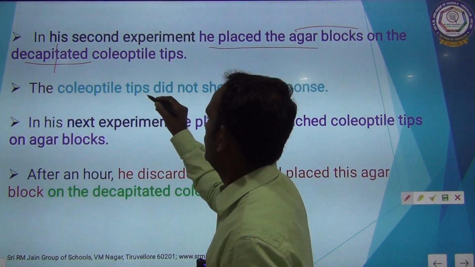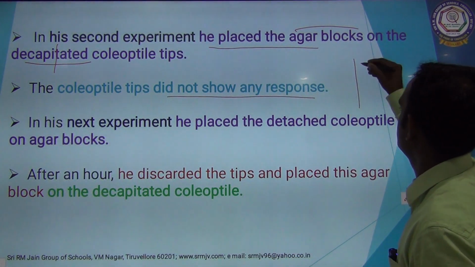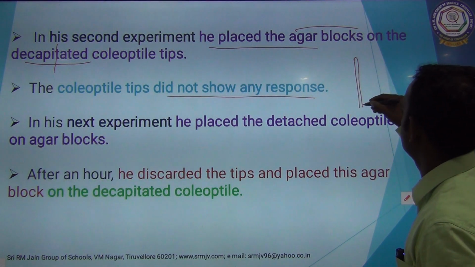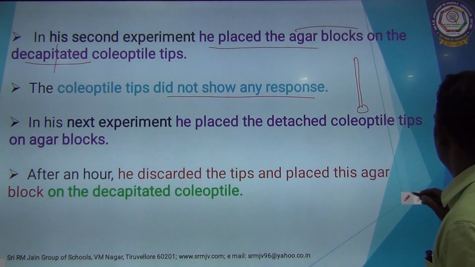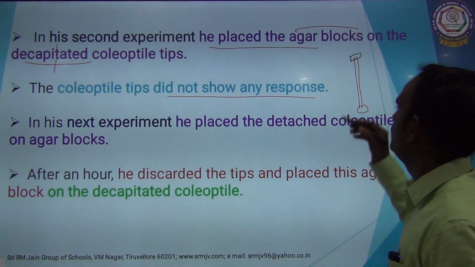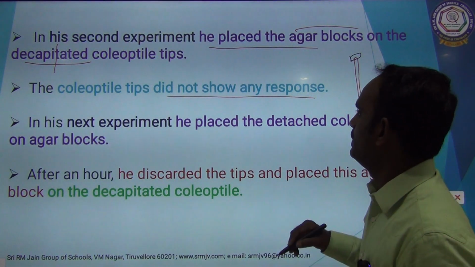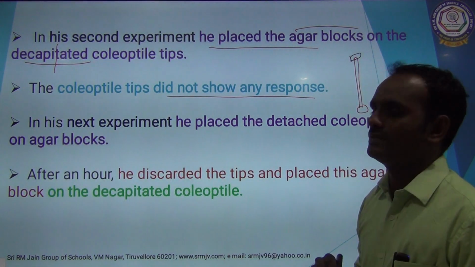See here, you just keep the agar block on the tip of the coleoptile. The tips did not show any response.